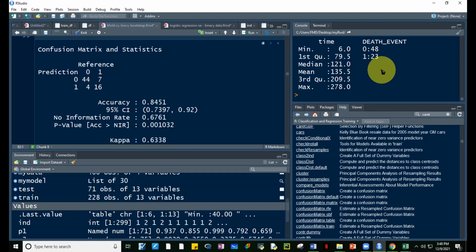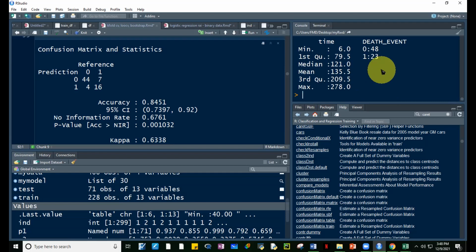Just take a look at the data. Ilan ba dyan yung hindi namatay, ilan yung namatay. So 48 did not die. 23 died. Okay, so let's just use 48 kasi siya yung pinakamarami. So i-predict na lang natin na lahat sila did not die.